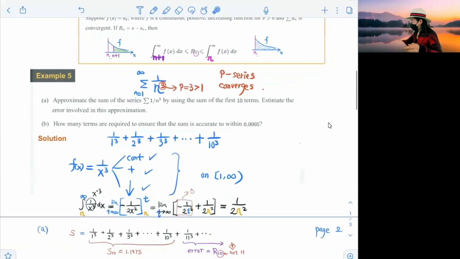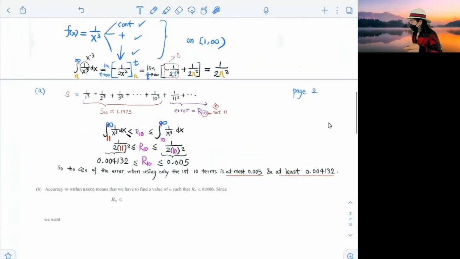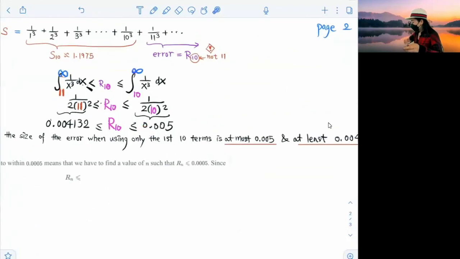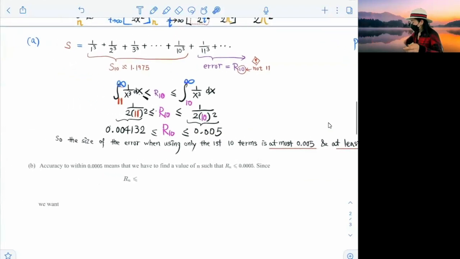Which means that if I use only the first 10 terms, I know the error is no more than 0.005, right? But now we want it to be better. I want it to be no more than 0.0005. This is one more zero than this.